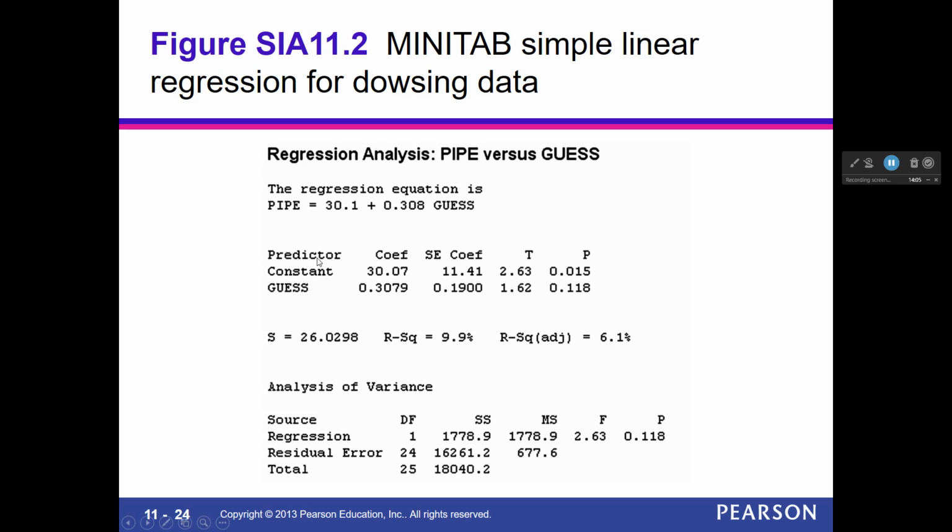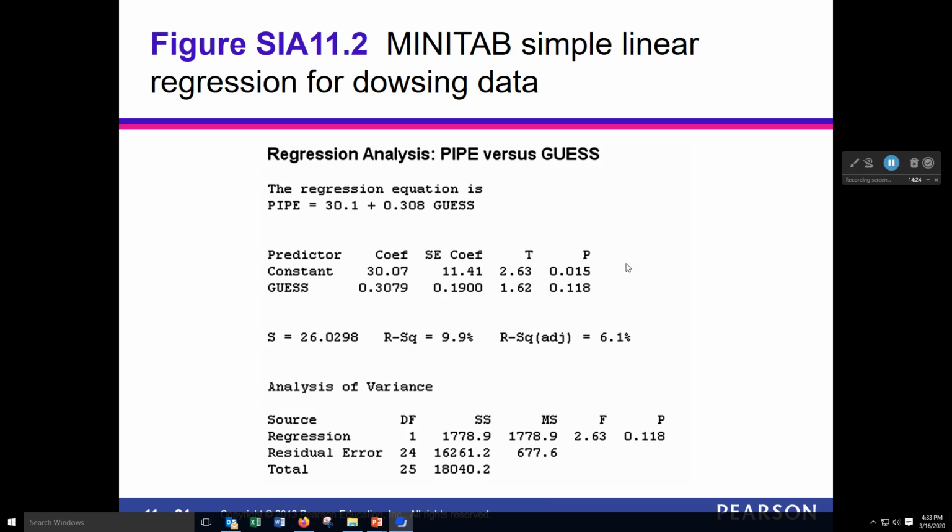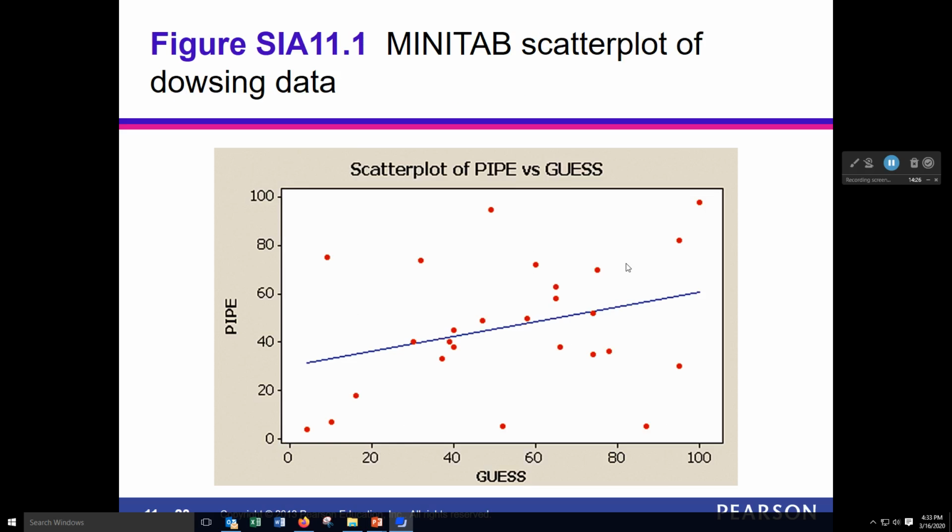Now, when we run this regression, we get a regression model: where the pipe actually is equals 30.1 plus 0.308 times the guess. And you can see, if we go back here, this line has a slight upward trend.